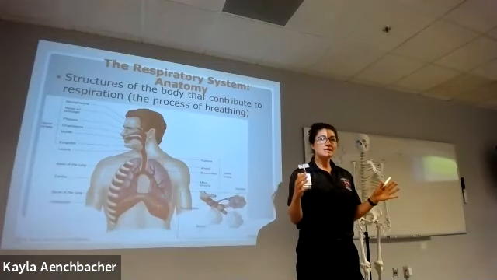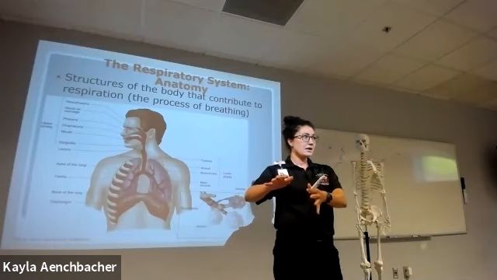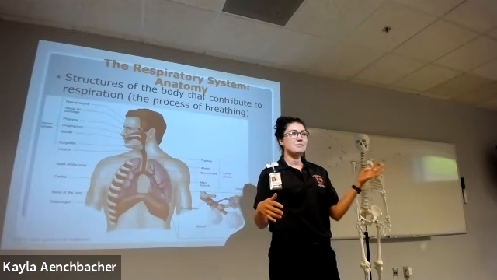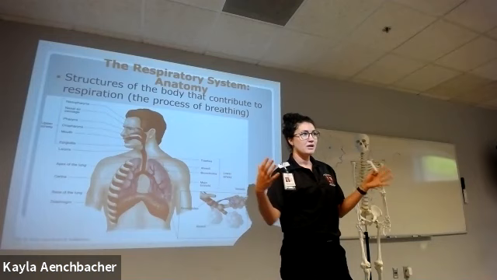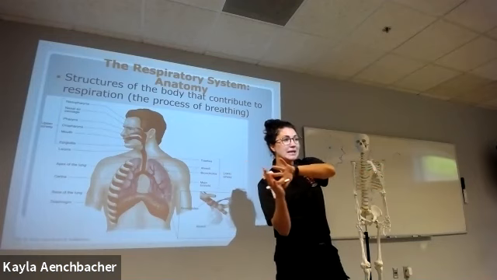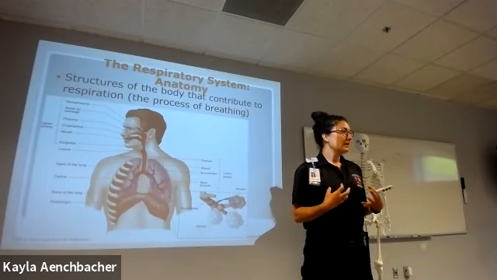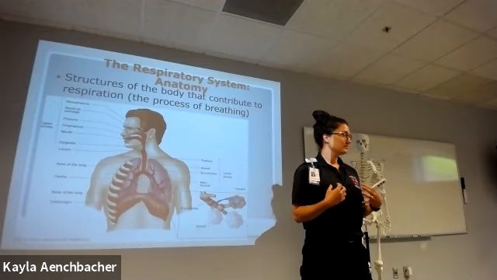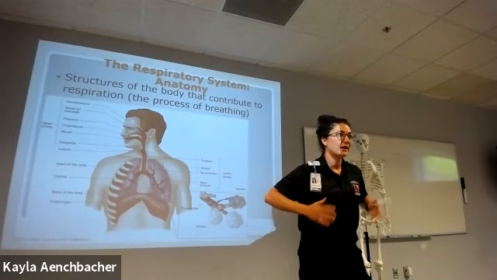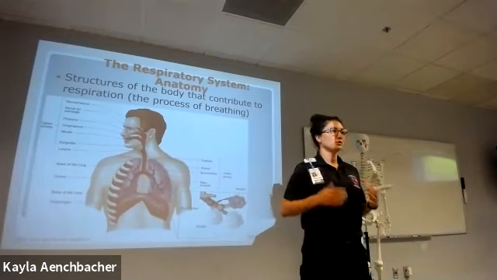So at the same time I'm getting those O2 molecules pushed into my bloodstream, I'm getting that waste, that acidic byproduct, that CO2, out of my bloodstream. I'm pushing it from my blood into those capillary beds, into the alveoli. And how do I get rid of that CO2? I breathe it out, I exhale. I force it out of those alveoli, up through the bronchioles, up through the bronchus, through the trachea, out of my body through exhalation.